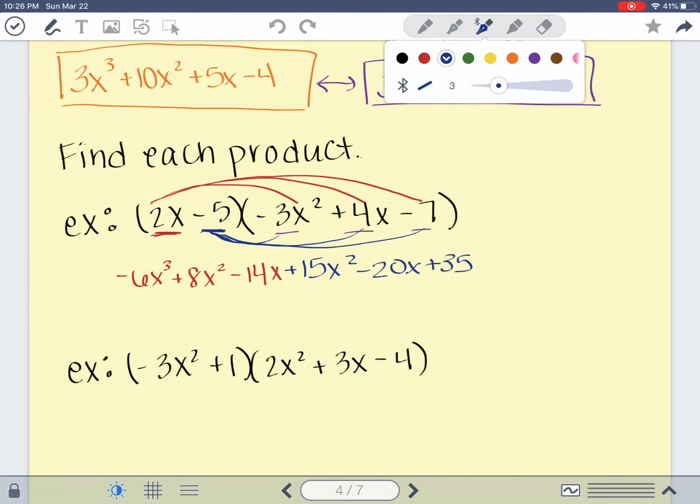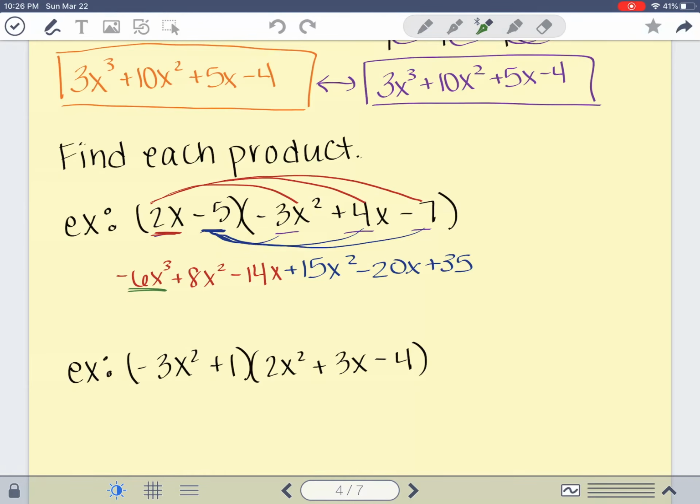Again, just like before, we are going to go through and combine our like terms. Cubed has nothing else, so we get a negative 6x cubed. For my squared term, I've got 8x squared and a 15x squared, both positive. So I end up with a positive 23x squared.